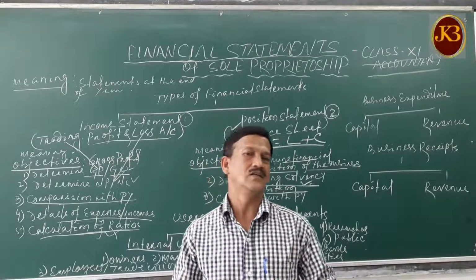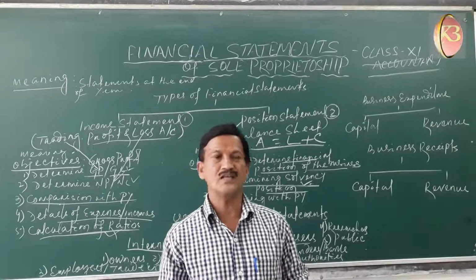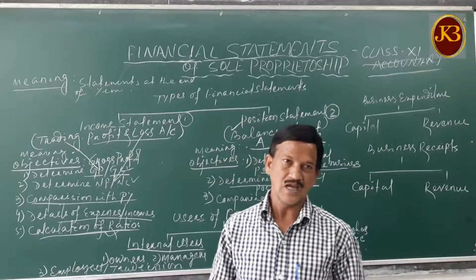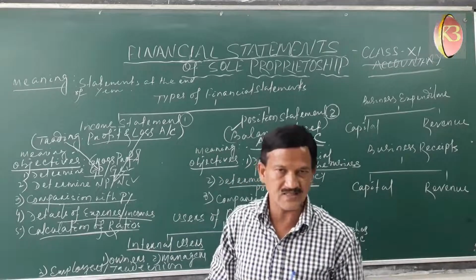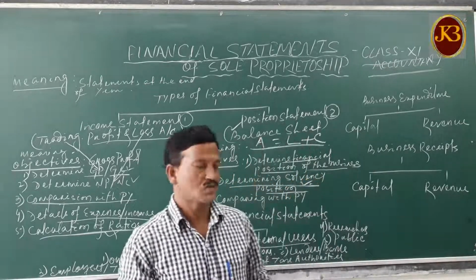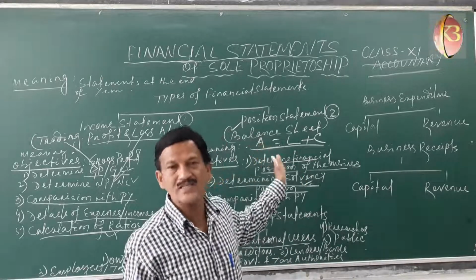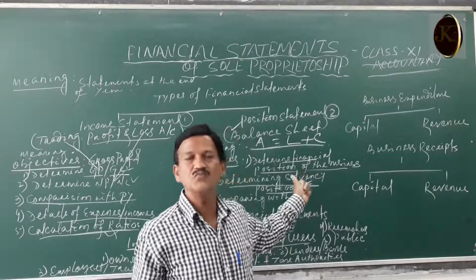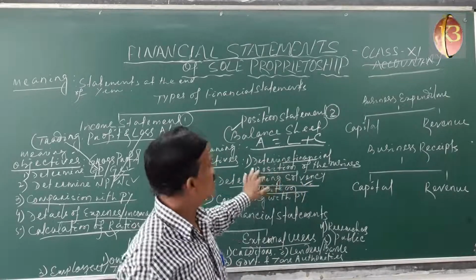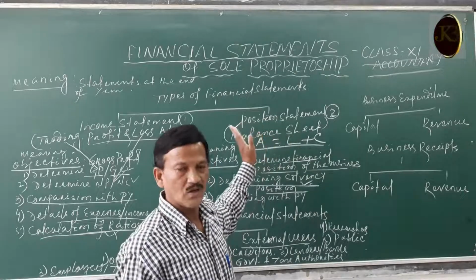That is the short-term solvency position of the business, that means the liquidity position. How much current assets he owns and how much current liabilities he has acquired, and whether the current assets are sufficient to pay the current liabilities on demand or not. That is the short-term solvency position that is known from preparing this balance sheet or position statement.